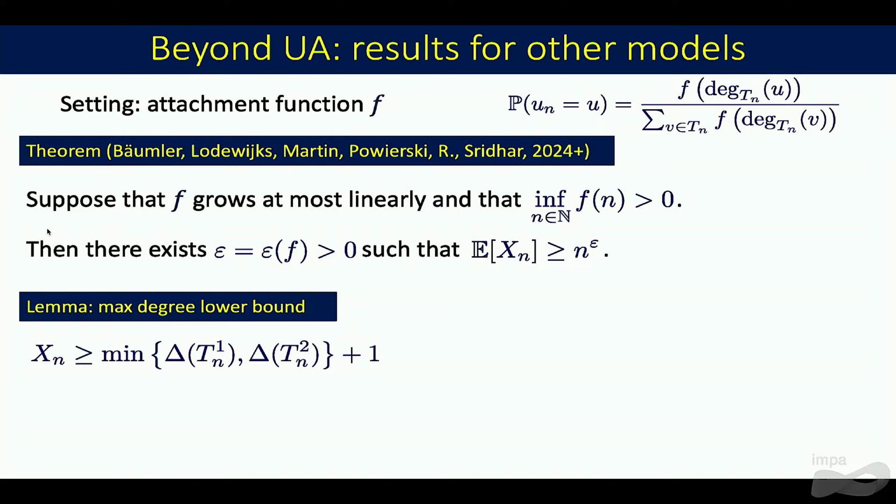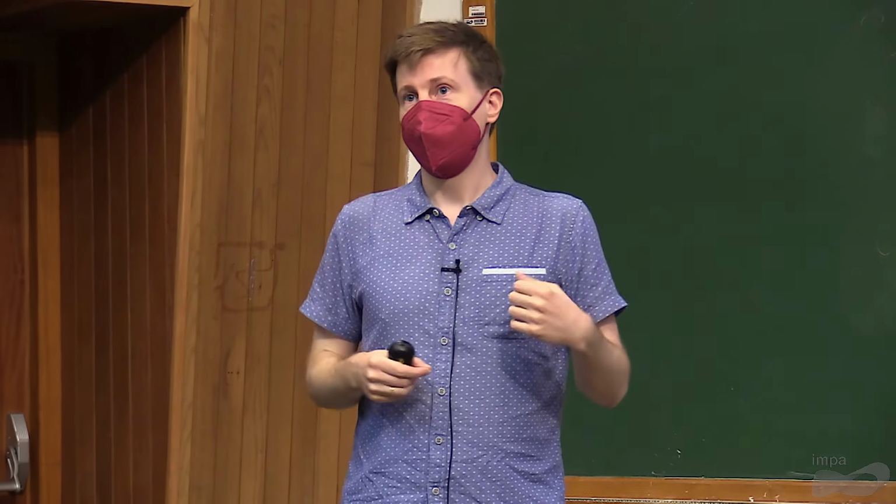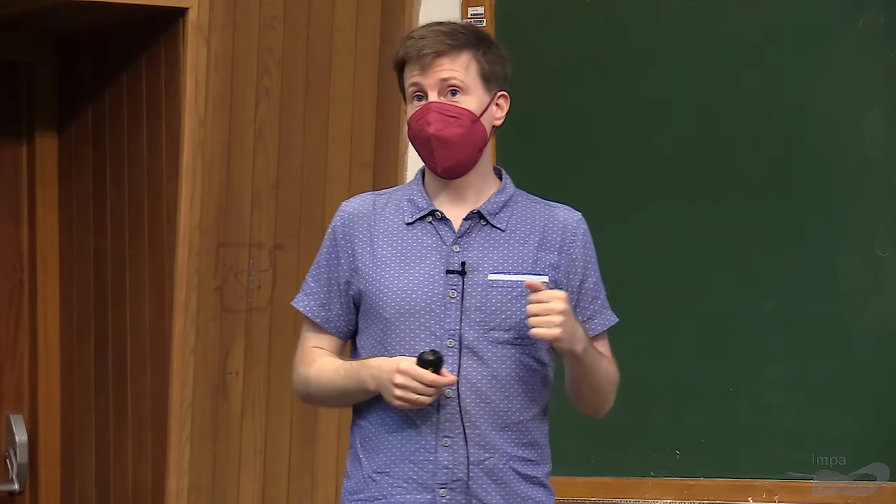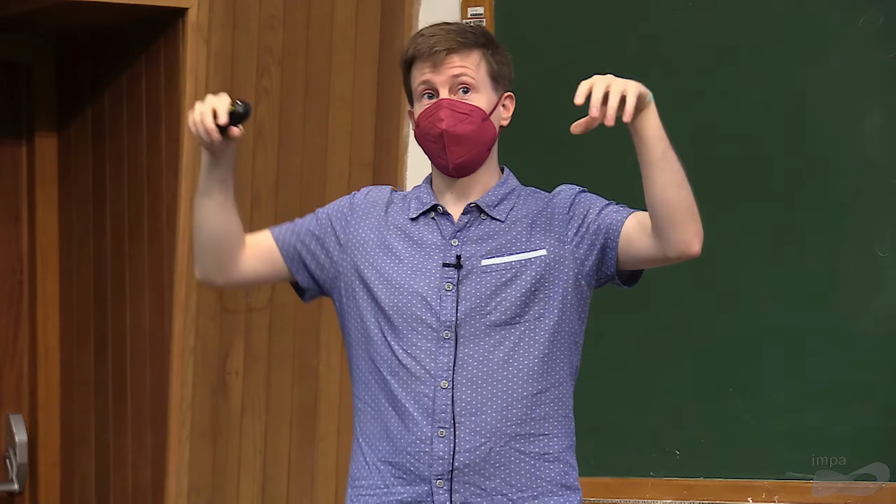So for more general models, there's also a different, very trivial lower bound, which is just, let's take the maximum degree in the two trees, or two graphs, and let's take the minimum of those two. Well, the largest common subtree is at least the minimum of the two maximum degrees plus 1, simply because you're going to find a star of that size in both trees.